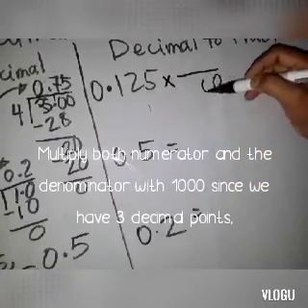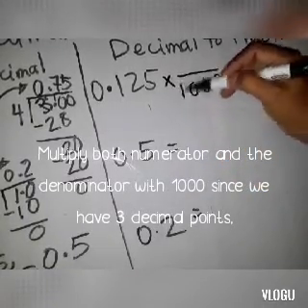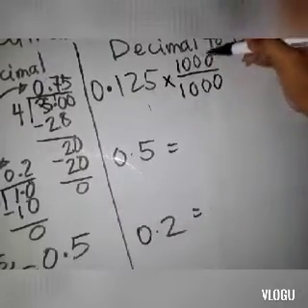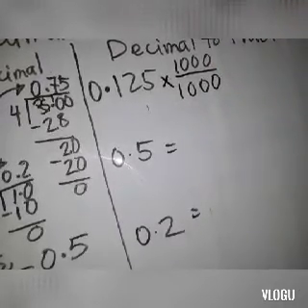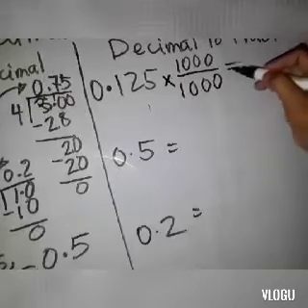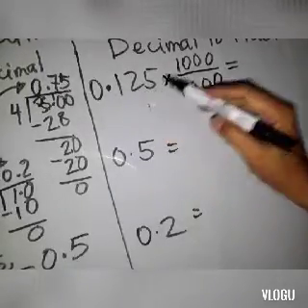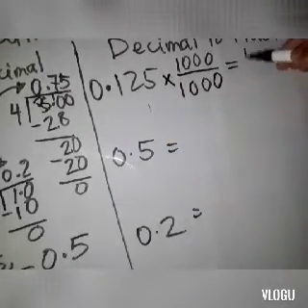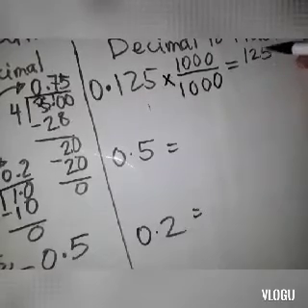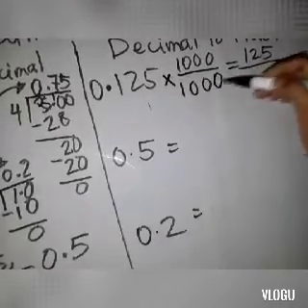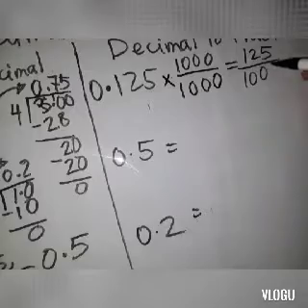And then 1. Ayan, ganyan siya. So, kung i-multiply natin yan, 0.125 times 1,000 is equal to 125, and then copy 1,000.